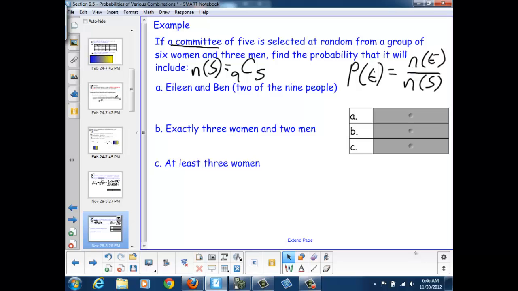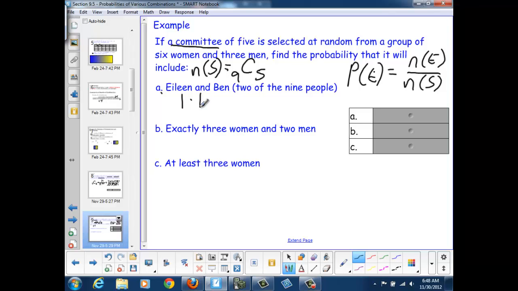To calculate the probability of having Eileen and Ben in the committee, I need to calculate the number of ways that particular event can occur. There's only one way to have Eileen in the committee, and another one way to have Ben in the committee.